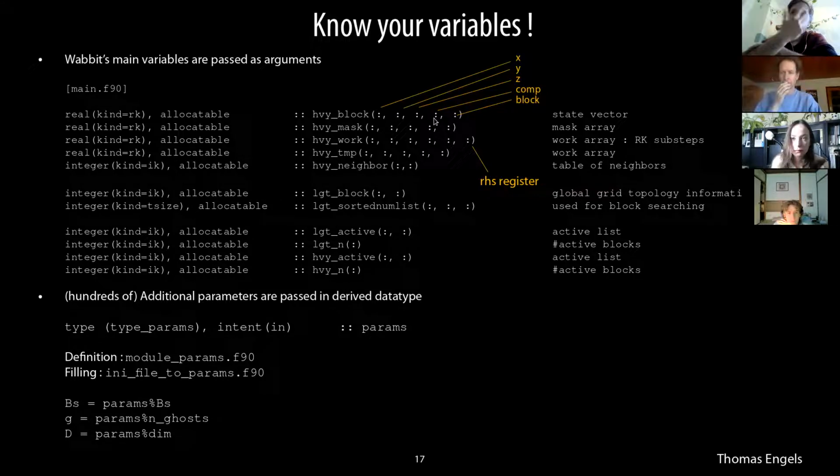So a 4-component state vector. In the compressible Navier-Stokes equation, you would have 5, for example, the density rho, the 3 velocity components, and then, for example, the pressure or the entropy, or what you can use for that. And the last index here is the block index.